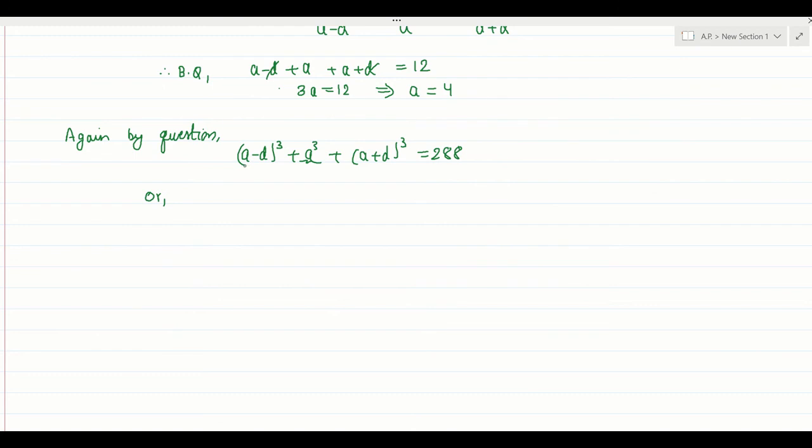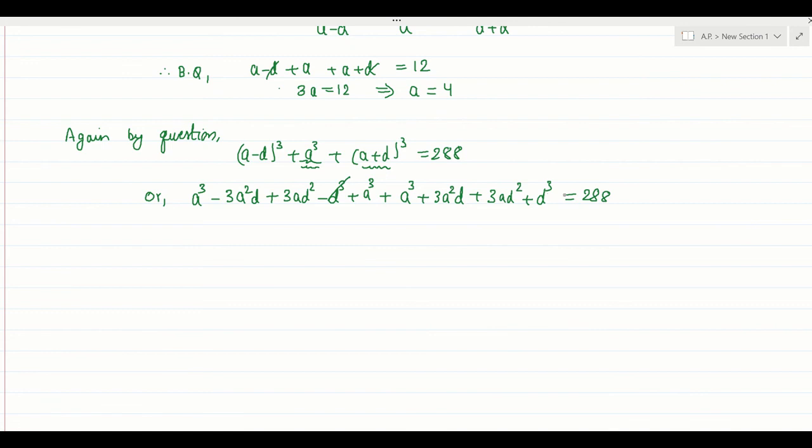We know A minus D whole cube is A cube minus 3A square D plus 3A D square minus D cube. Isn't this? Now this plus A cube copied as it is. Now plus A plus D whole cube, so it is A cube plus 3A square D plus 3A D square plus D cube. And right hand side 288 same to same.